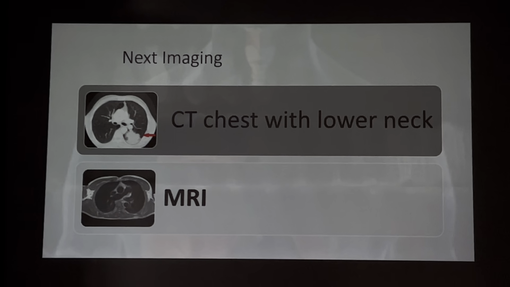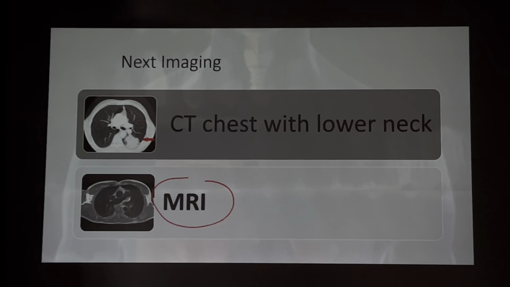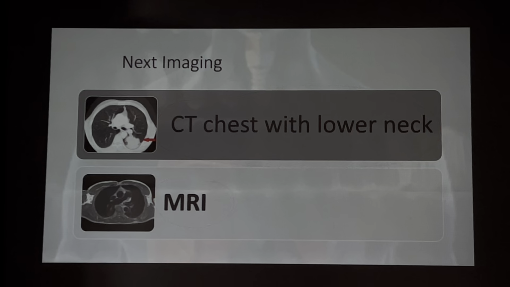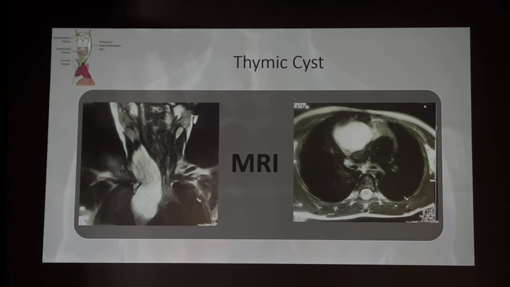The next imaging again can be MRI. We have done ultrasound, we have seen the ultrasonographic finding. To confirm it, the other option could be CT chest, of course with the lower neck. So let's discuss the MRI finding in the latter case. In the second case, we got an MRI and found a huge cyst starting from the neck and engulfing the whole of the mediastinum and middle mediastinum, that is, the heart is engulfed.